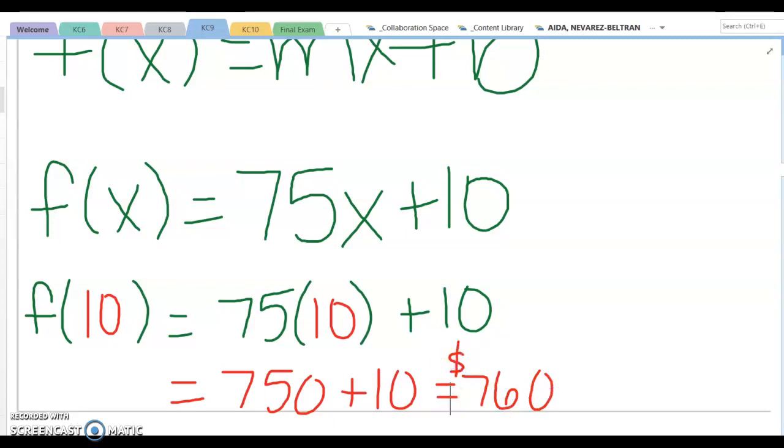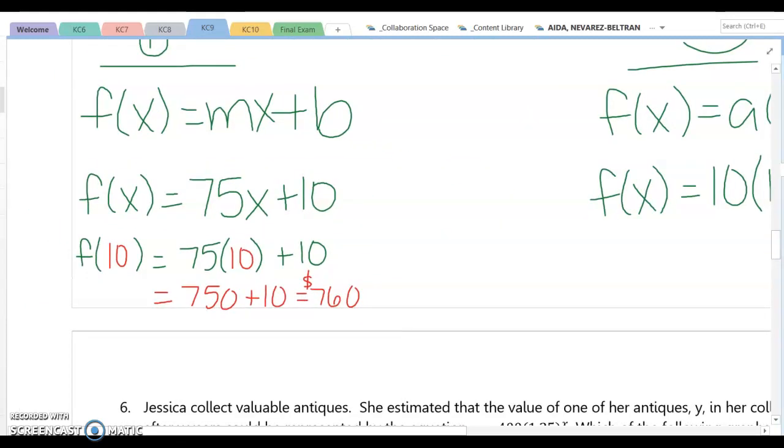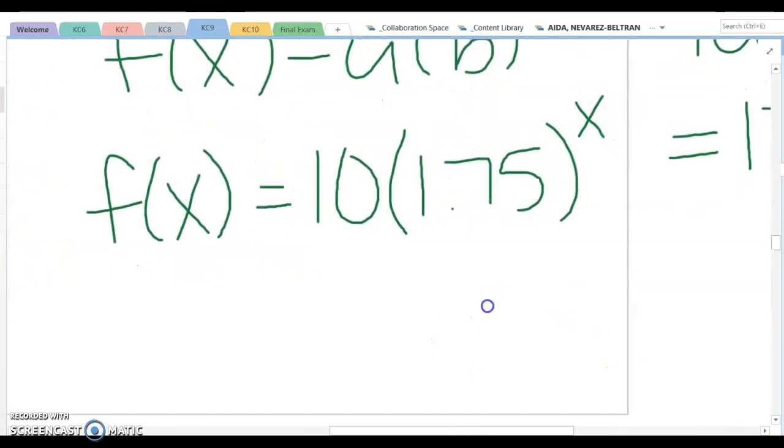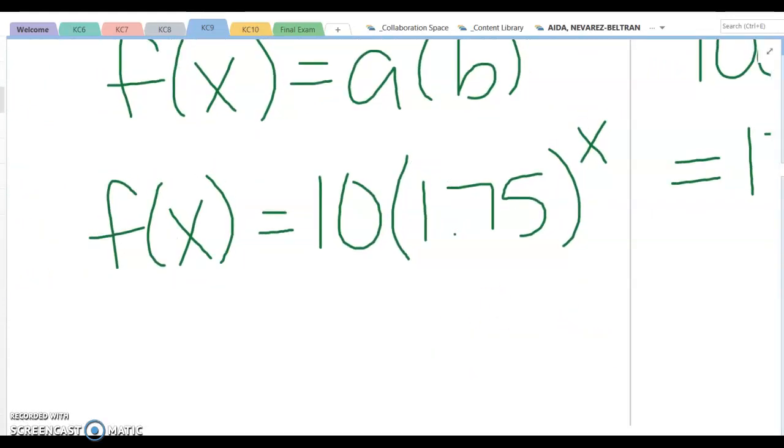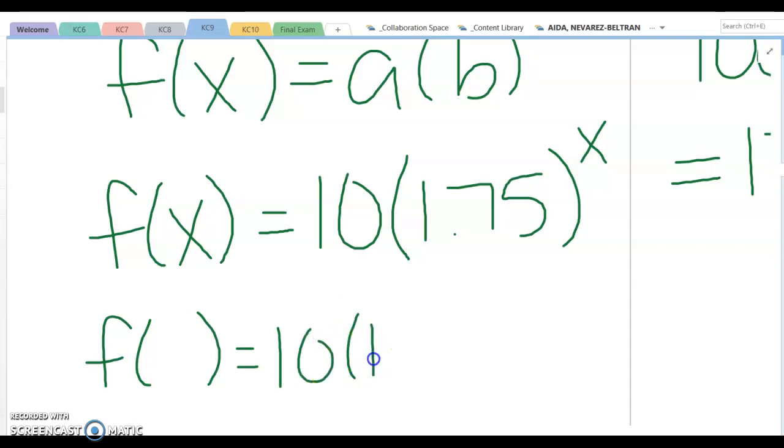So using option 1, you'd have $760 after 10 months. This one, we're doing the same concept. We have our function. And then everywhere we had an x before, we're putting a 10, right?